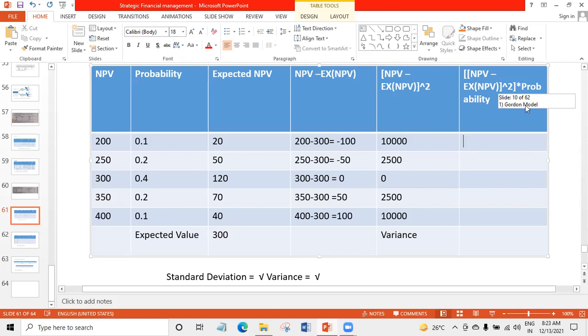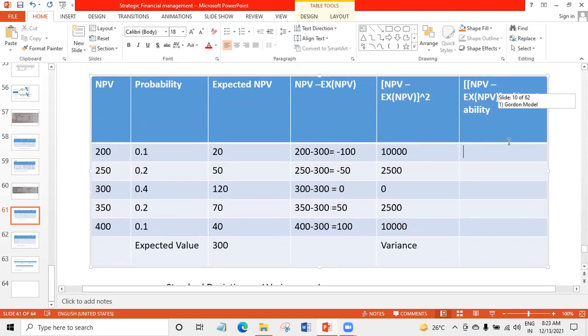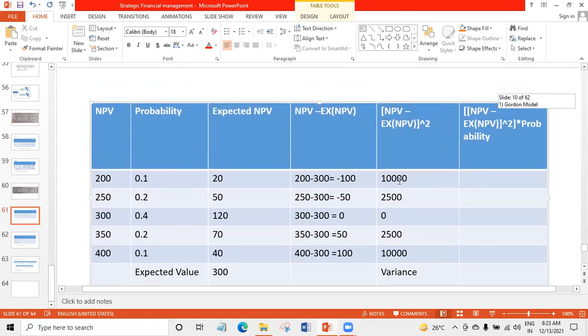After doing the square of this, multiply with the probability. 10,000 into 0.1, 1,000. 2,500 into 0.2, 500. 0 into 0.4, 0. 2,500 into 0.2, 500. 10,000 into 0.1, 1,000.